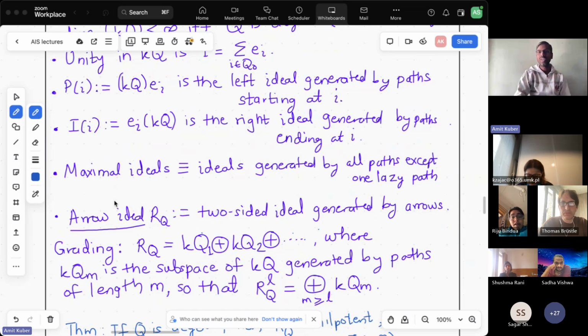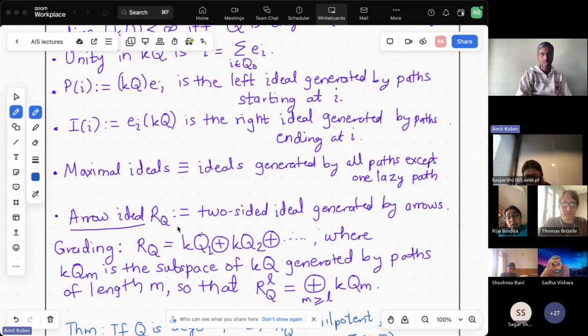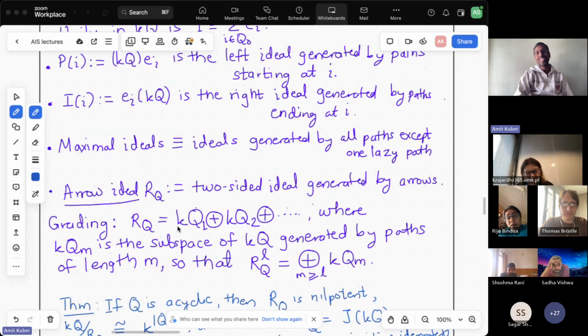The common things will be the ideal generated by all positive length paths, or equivalently, the two-sided ideal generated by all the arrows. We are going to call this RQ, the so-called arrow ideal of Q.